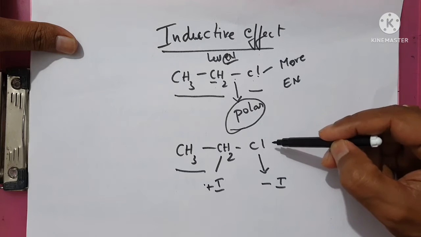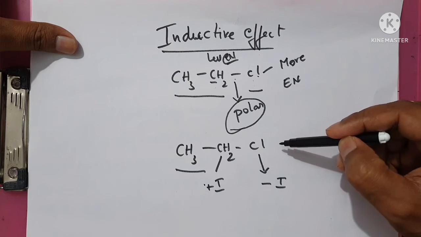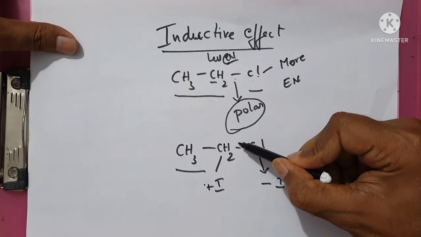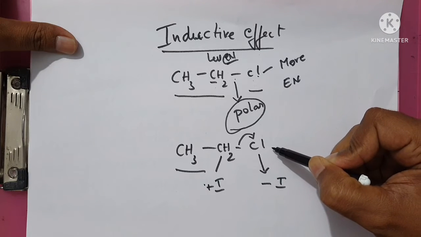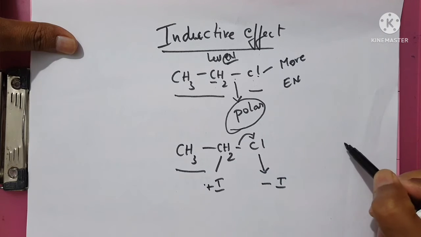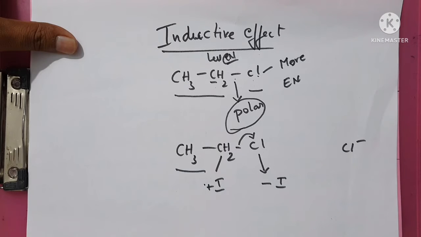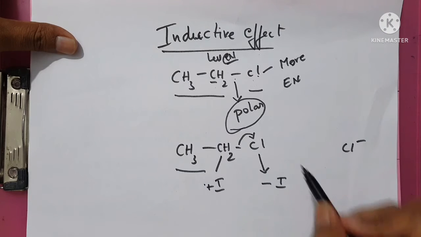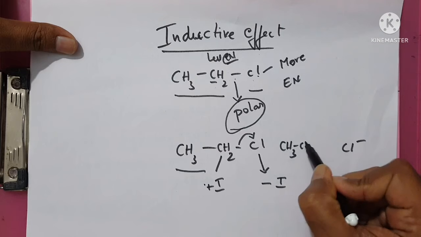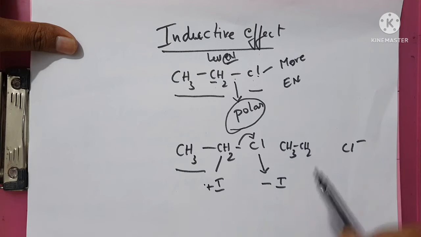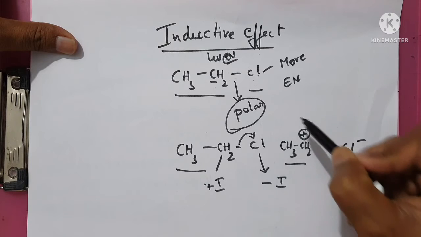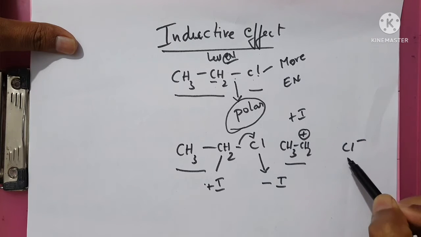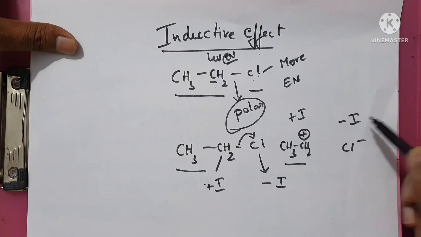Because chloride is more electronegative in nature, it has the capacity to attract the shared pair of electrons towards itself, and that is why chloride becomes minus, whereas the other group, CH3, CH2, which has lost the electrons, becomes a carbocation. This is +I, whereas this part is -I, the minus inductive effect.